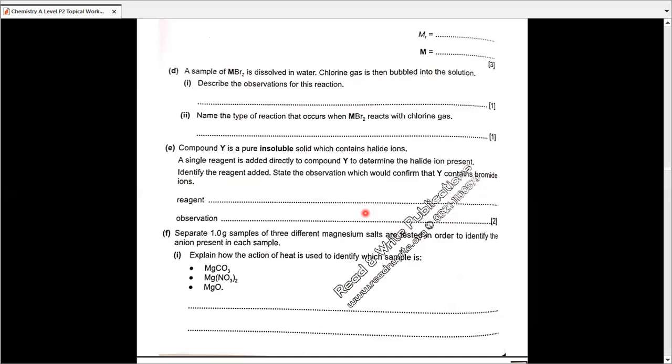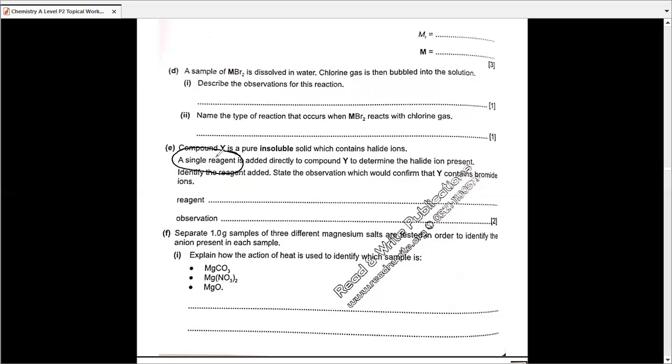So you're saying why didn't we use the addition of silver nitrate? Okay, let me clarify. Silver nitrate is always used when we acidify first. And we have a very big hint at the very start: a single reagent.